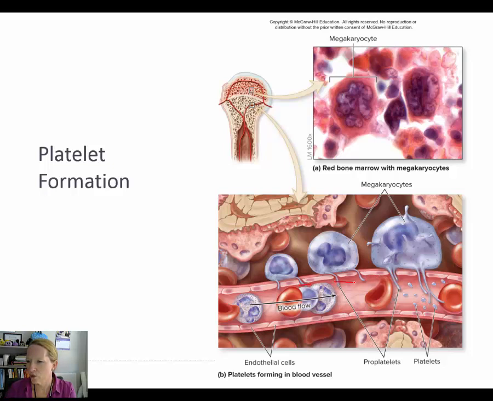Look, it's like slicing off their little feet. And that's what makes platelets. So it's kind of like if you went to sit at the end of a dock, you put your feet in the water, and something came in and just sliced your toes right off. That's a horrible thing to think about, right? But that's how these are formed. It's really an interesting thing.